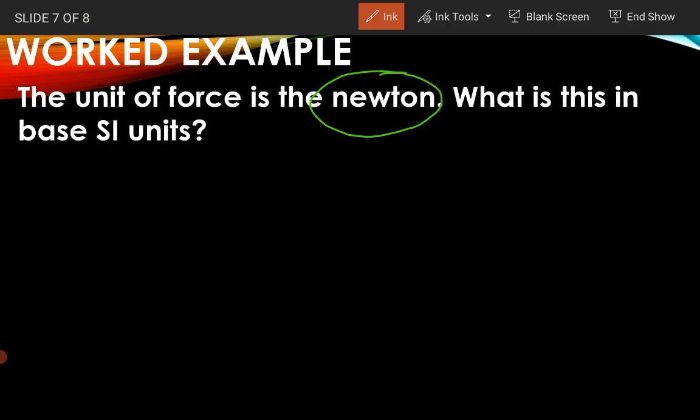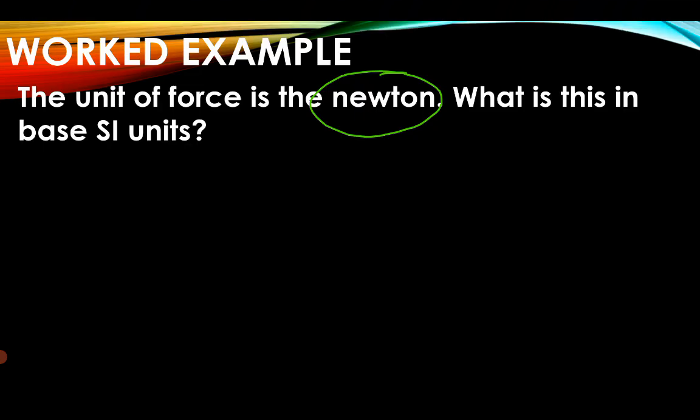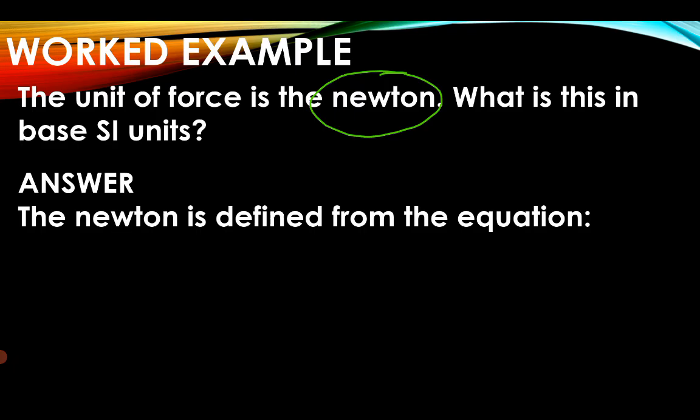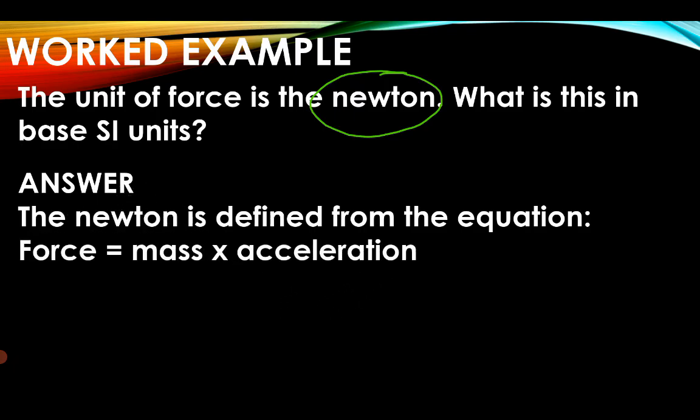In order to do that, you should know the definition of force. Of course, you learned that force is a push or pull, but a more precise definition is that force is equal to mass times acceleration. From your IGCSE physics, you learned that force is equal to mass multiplied by acceleration.